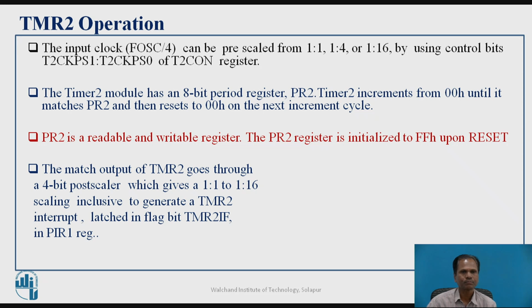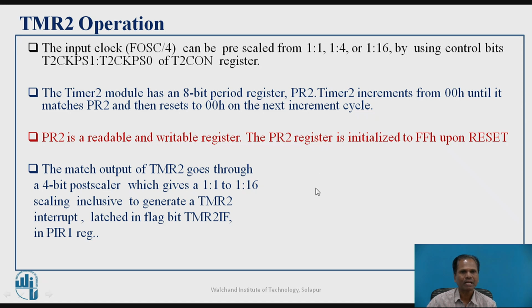is passed, it generates output from timer 2, and the output goes through a 4-bit postscaler. So timer 2 uses a 4-bit postscaler, which gives 1:1 to 1:16 scaling inclusive, to generate a timer 2 interrupt.